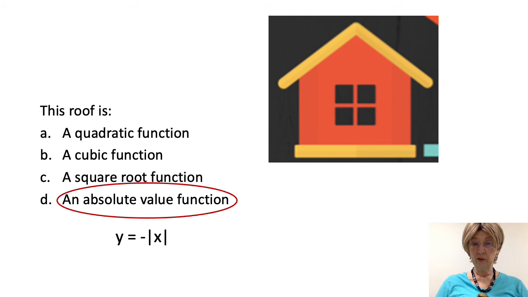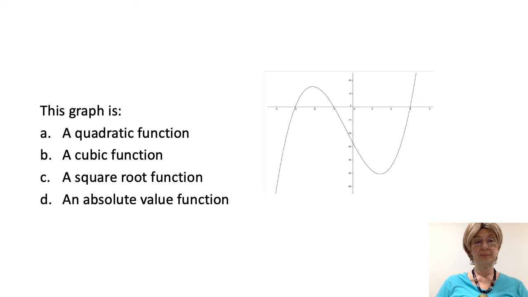It's an absolute value function. It's the negative absolute value function, y equals minus the absolute value of x. This graph is A, a quadratic function, B, a cubic function, C, a square root function, or D, an absolute value function. Don't be fooled because it's exaggerated. It's a cubic function. Y equals x cubed, but this cubic function has more terms than just that one.